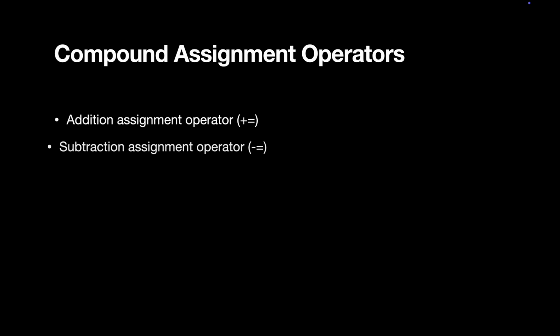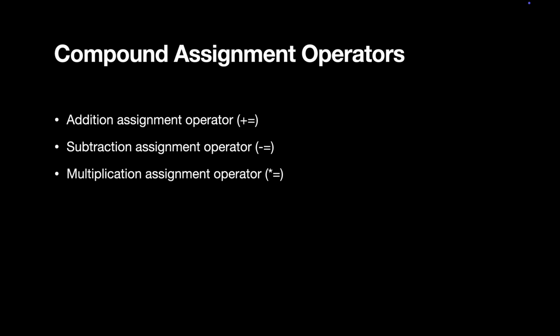And similarly we have compound assignment operators. So what are compound assignment operators? We have different types: the addition assignment operator, the subtraction assignment operator, the multiplication assignment operator, and the division assignment operator. Let's take an example of the first one, the addition assignment operator. As the name suggests, it will add a value.